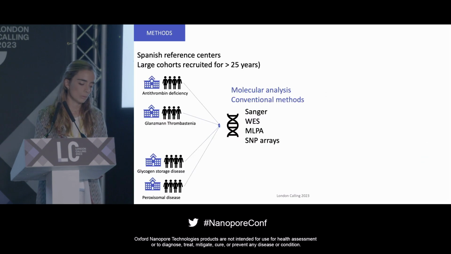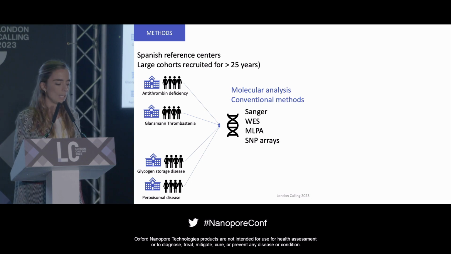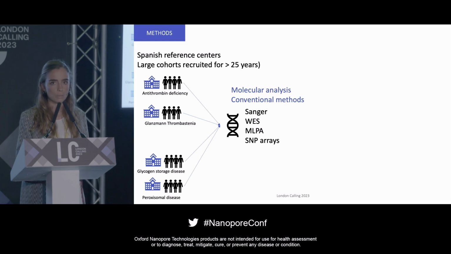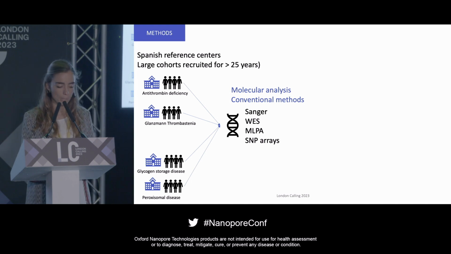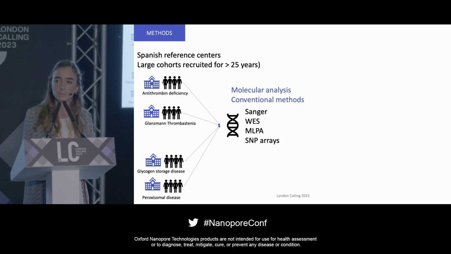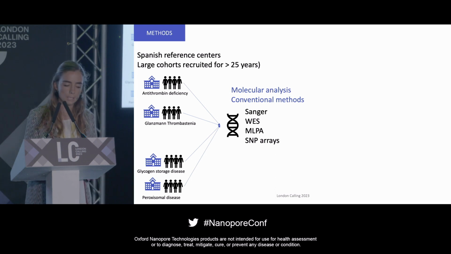The samples were selected from large groups of samples recruited by 4 specialized reference centers in Spain, specialized in each pathology, in which they have done a complete molecular diagnosis algorithm following conventional studies like Sanger sequencing, whole exome, MLPA, and SNP array.